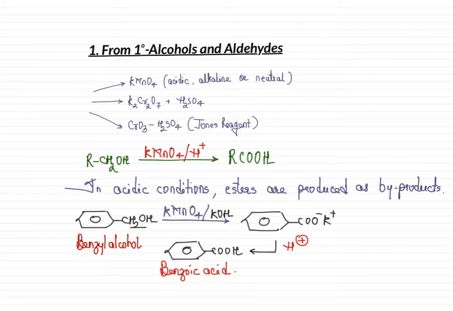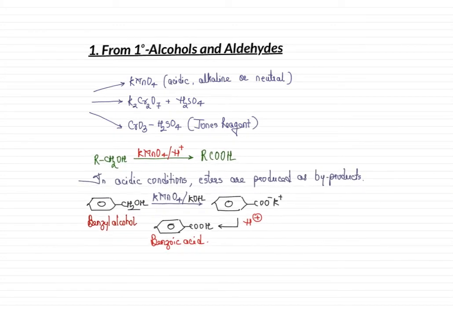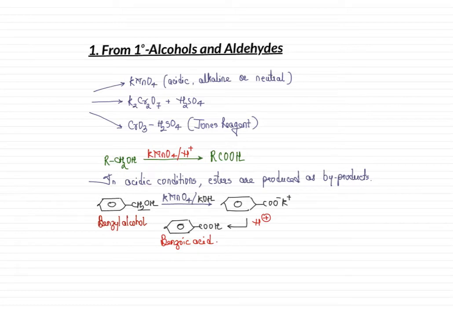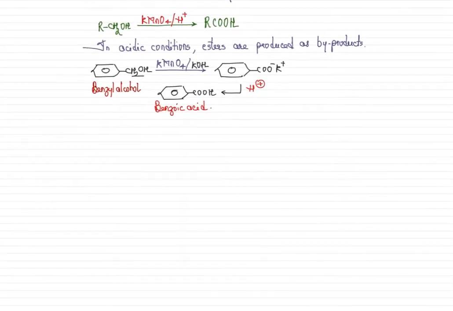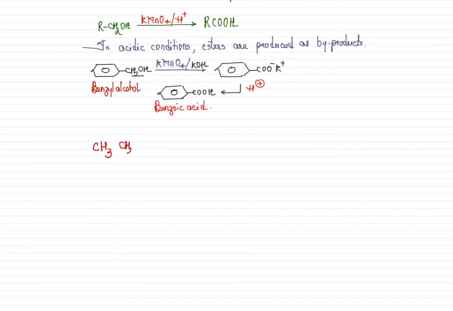I can give you some more examples. So let us first of all have this. You can take one more example here. We can take something like decanol, CH3, CH2 8 times, and CH2OH.